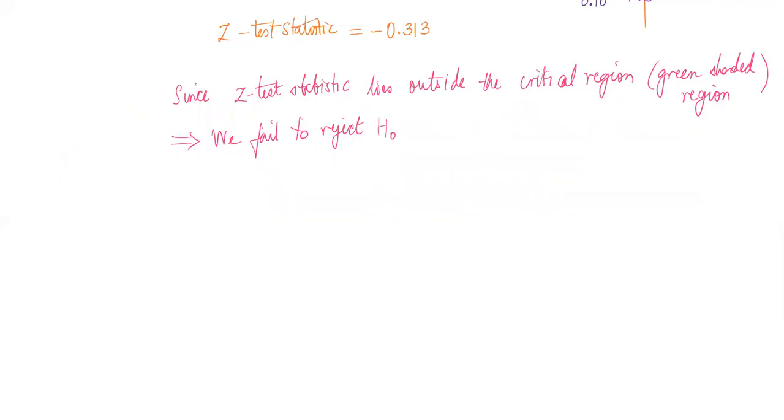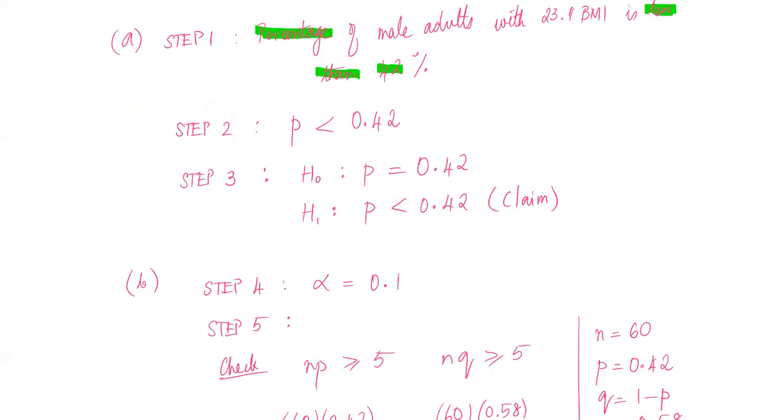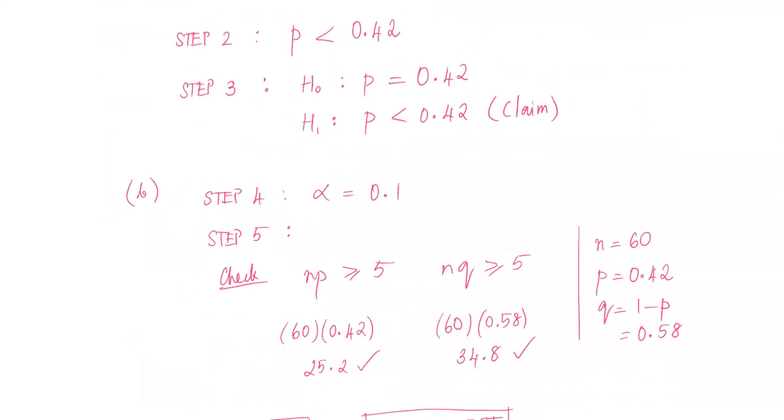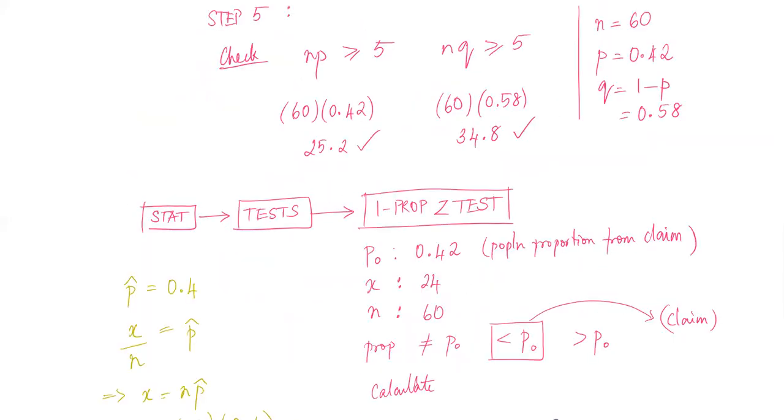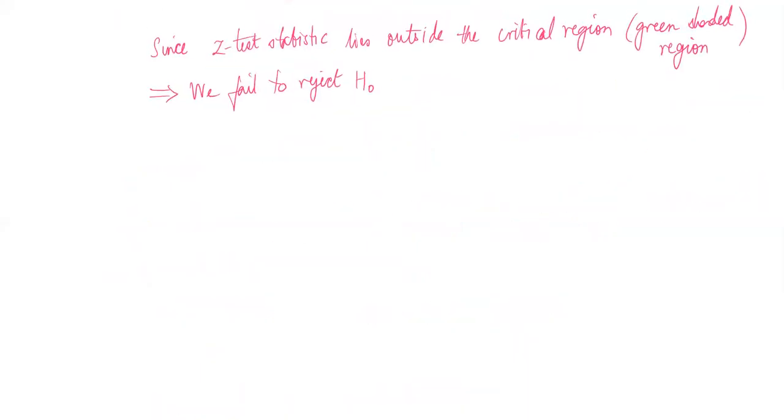So go back to our claim. Claim sits in the alternative hypothesis, so claim is in H1. Claim is in H1 and we fail to reject H0, so we use the second condition: there is not sufficient evidence to support the claim. Come over here and we'll put them all together.